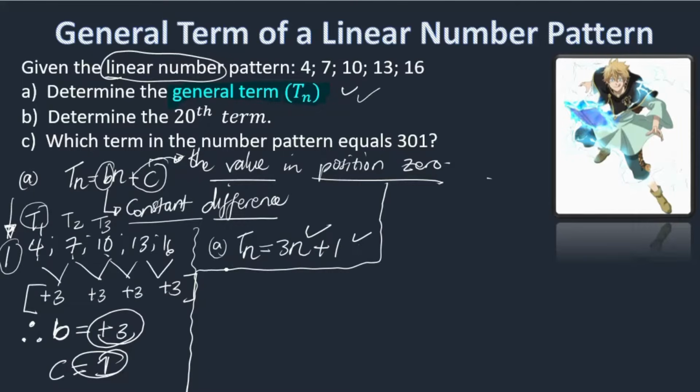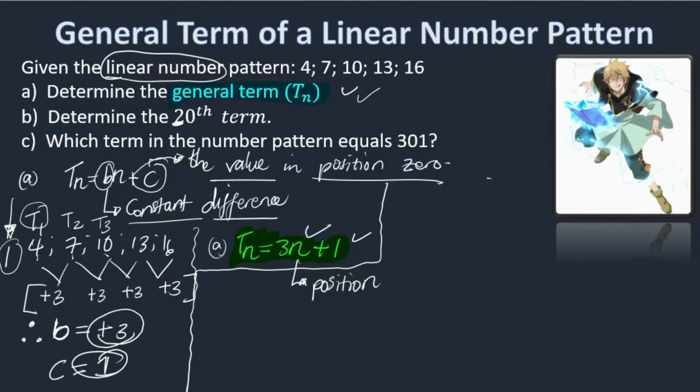Now let me tell you something. After you find the sequence, after you find your equation, usually the next questions, either they will give you Tn and they want you to find n, or they will give you n and they want you to find Tn. Now, what are these things? Starting with n. n is the position.